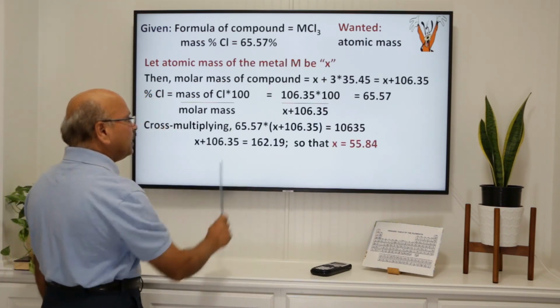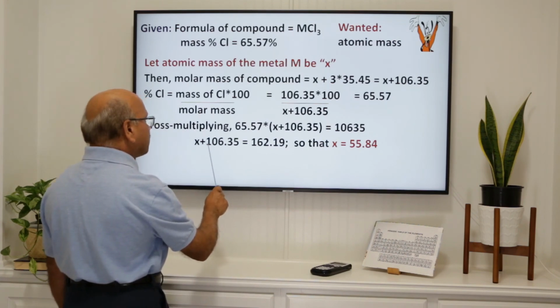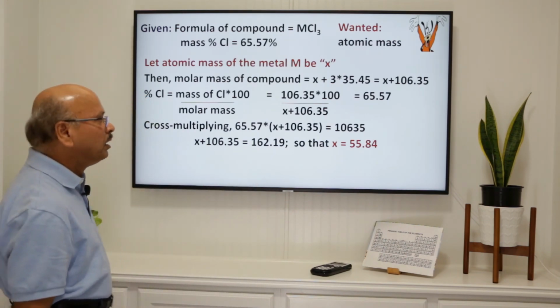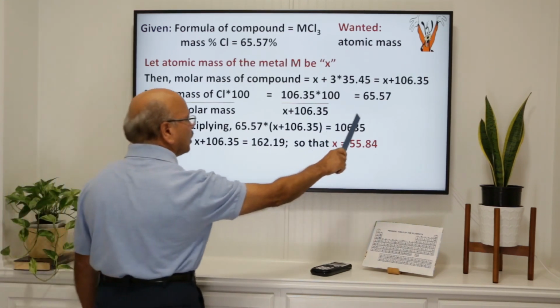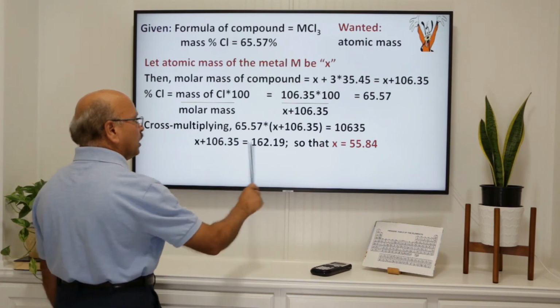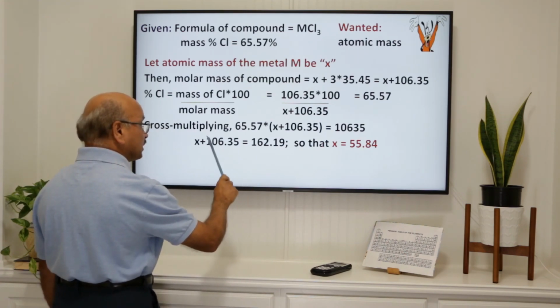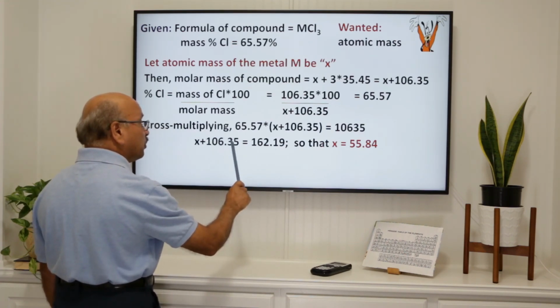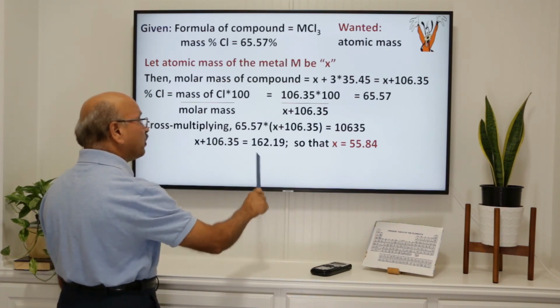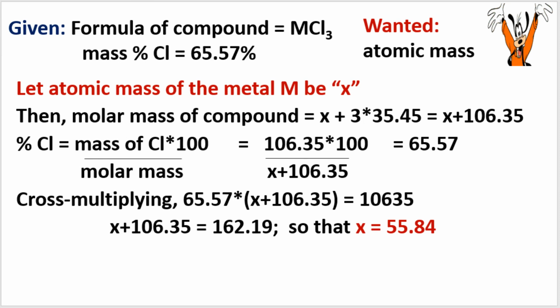You get X plus 106.35 equals 162.19. Now take away 106.35 from both sides. Subtracting 106.35 from the right-hand side, the value is 55.84.